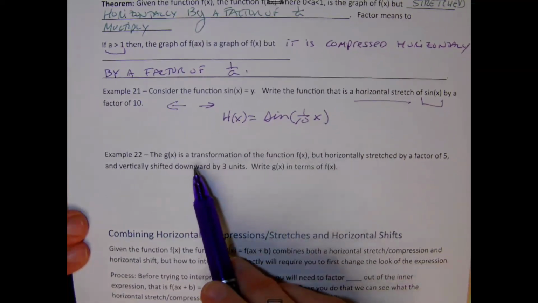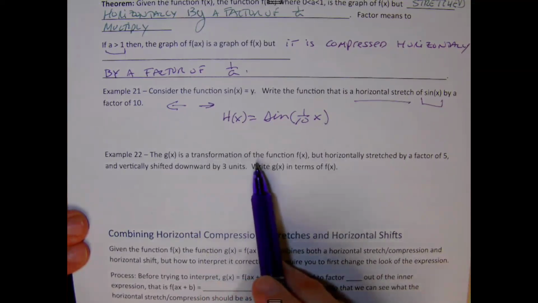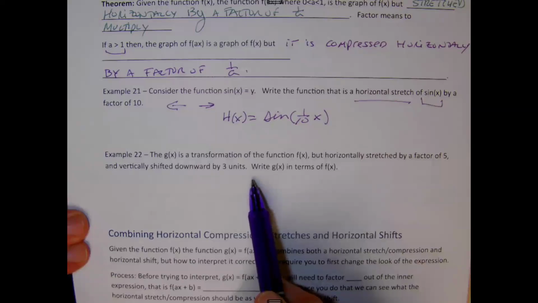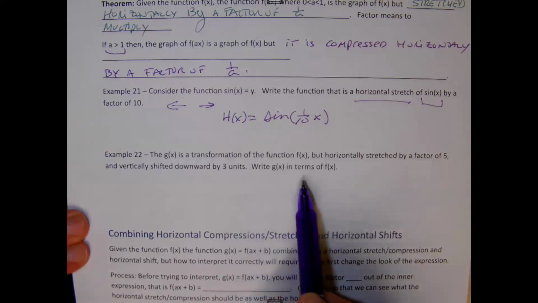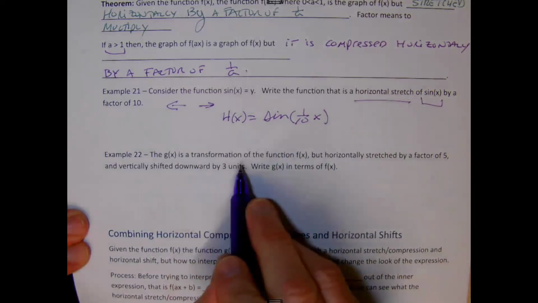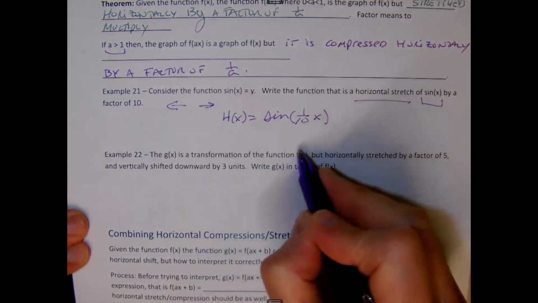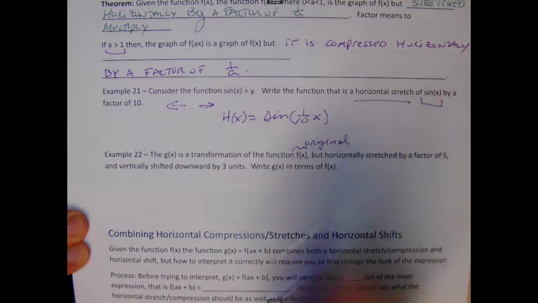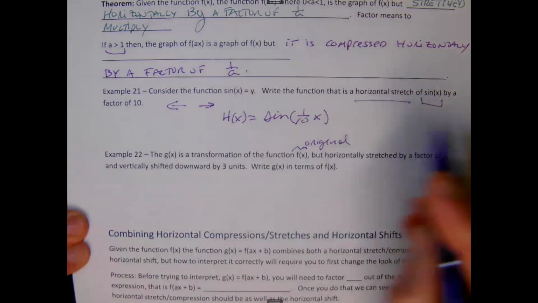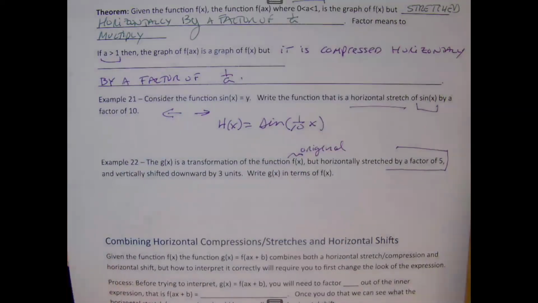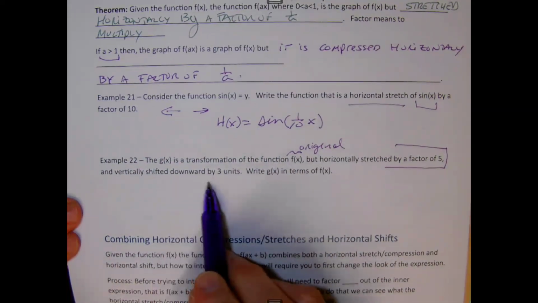Here's g of x. It's a transformation of the function f of x, but horizontally stretched by a factor of 5, and vertically shifted down 3 units. Write g of x in terms of f of x. So this is my original, stretched horizontally by a factor of 5 and vertically shifted down by 3 units.